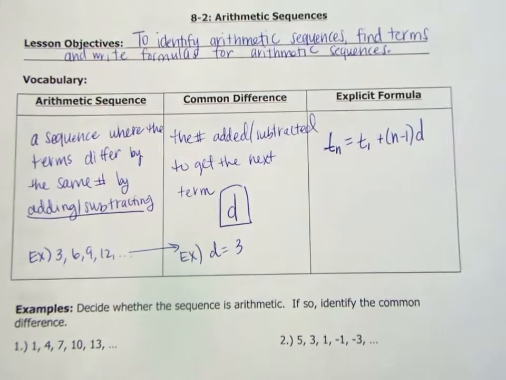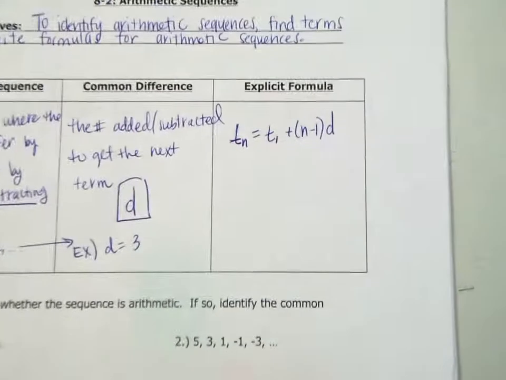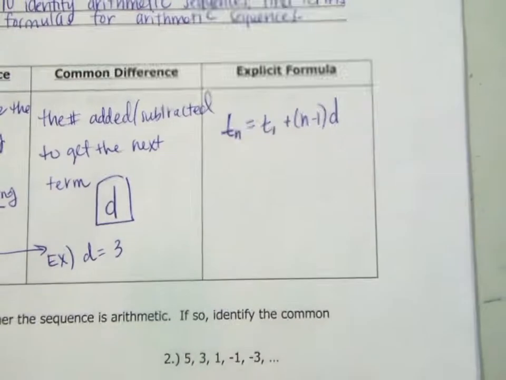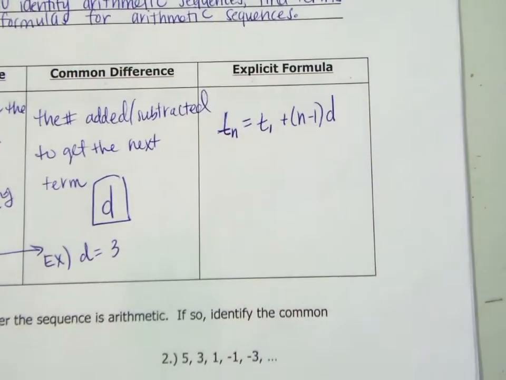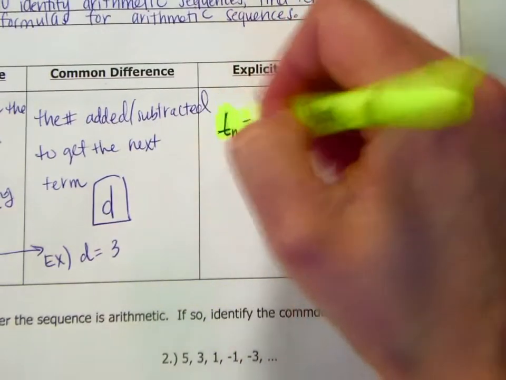This is something that you will be given on tests and quizzes, so you do not have to have this memorized, but you do have to know what it means and how to use it. So this is important. We're going to use this formula quite a bit today.